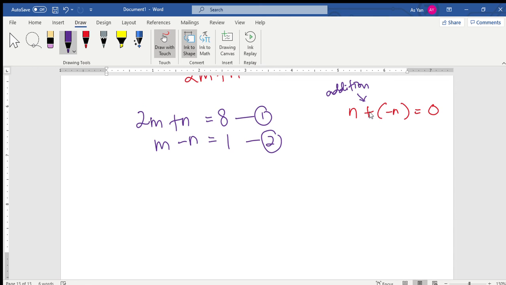Why are we not choosing minus? If we choose minus, it becomes more difficult: n minus negative n becomes 2n. So we will not choose the deduction.